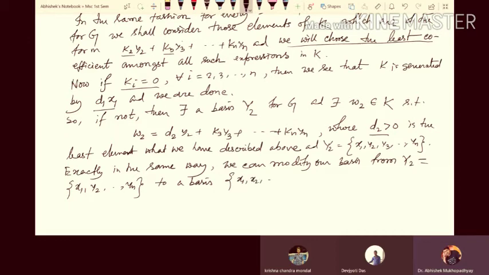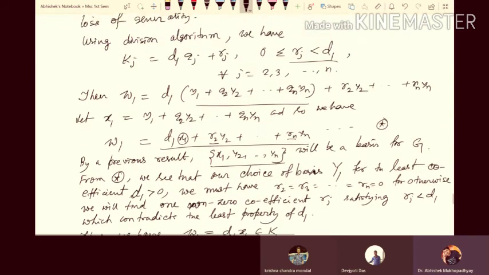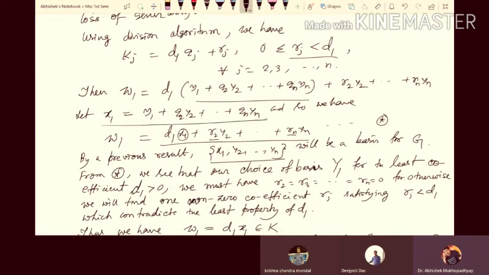x1 x2 yn for G, where d1 x1 is always in K and d2 x2 will be in K. Okay, so this x2 has been chosen in this way, the way we have chosen x1.